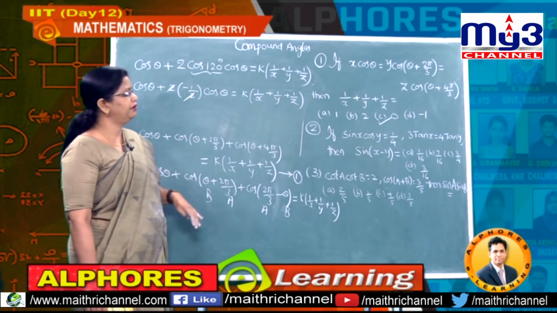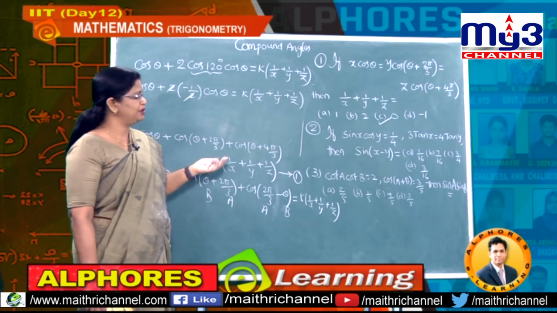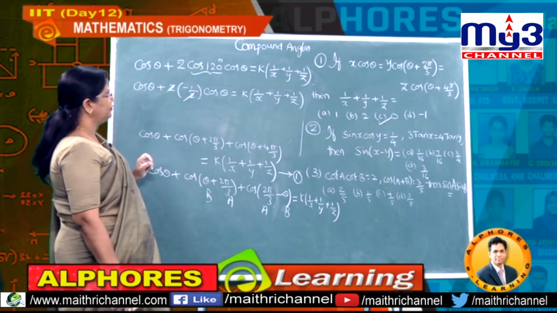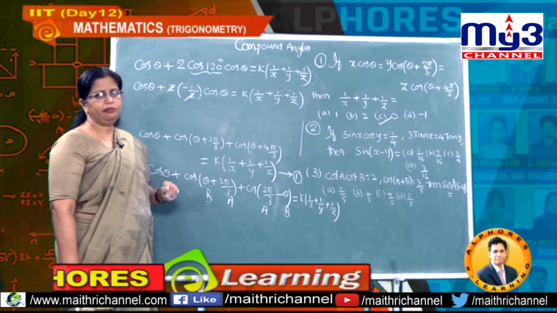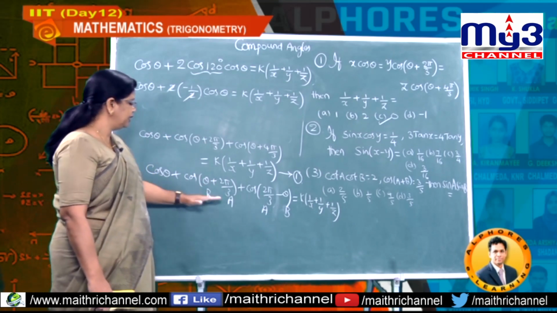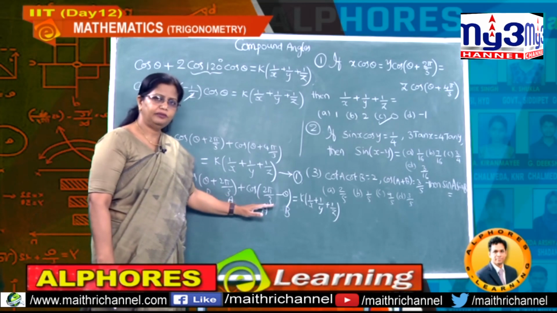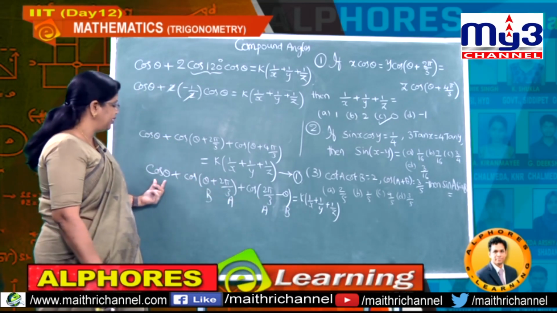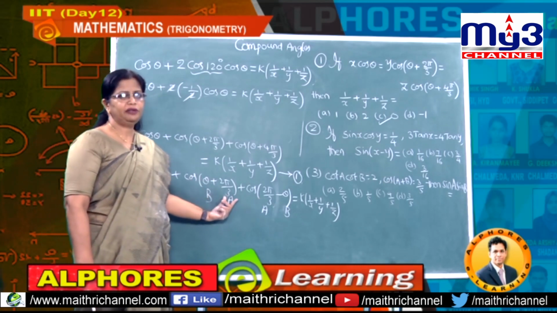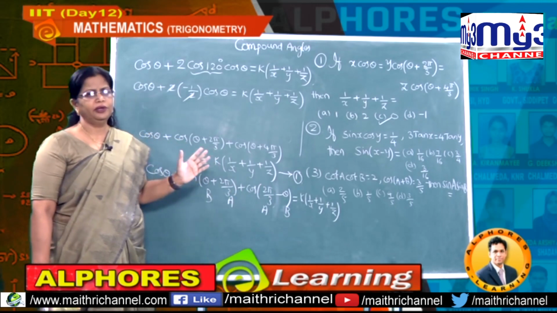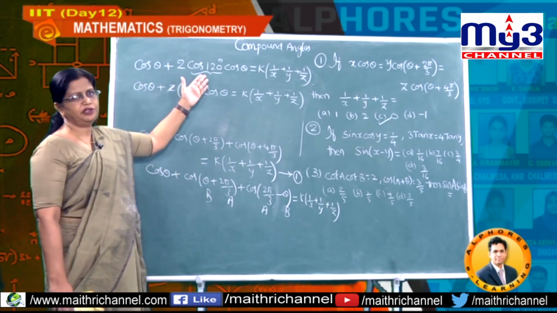So however you did the problem, that means using substitution or direct method, same answer you are going to get. Now while proving this problem, you got one good result. What is that good result? Whenever this kind of value you got in future problems, substitute directly the answer as 0. That is cos theta plus cos of 120 plus theta plus cos 120 minus theta is equal to 0. Easily you can substitute.